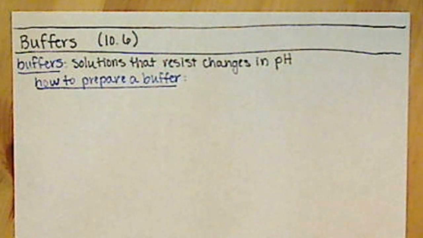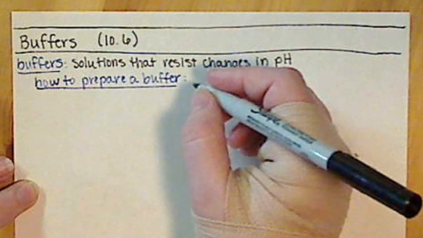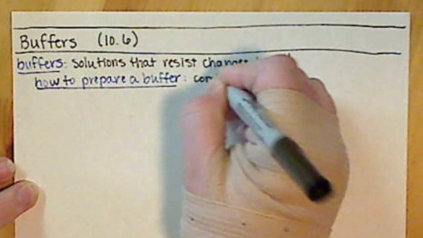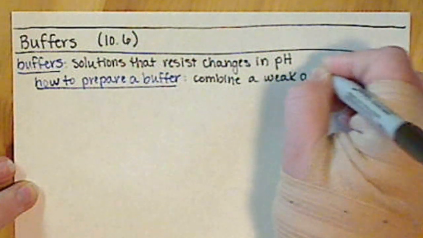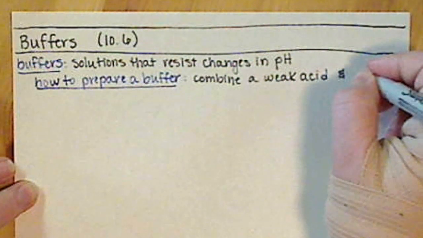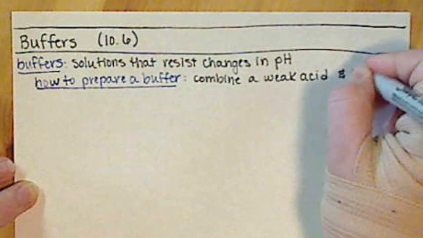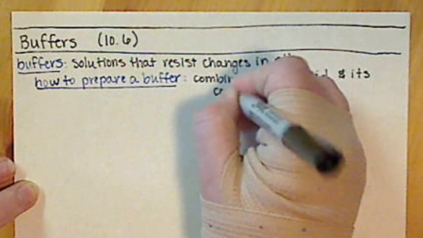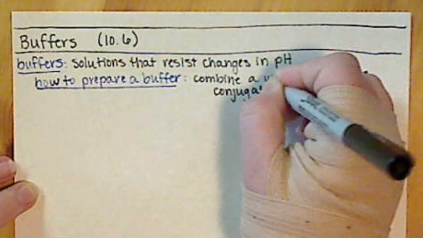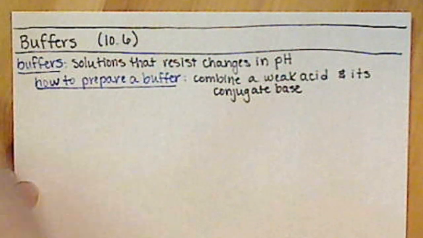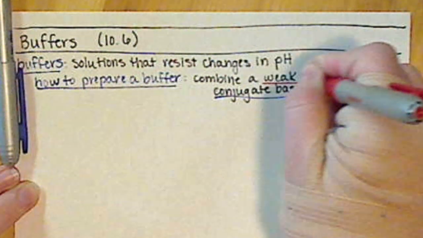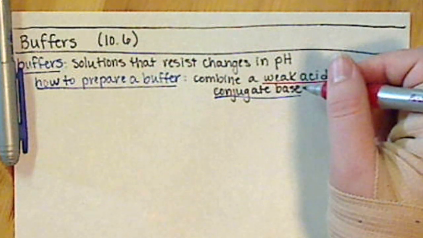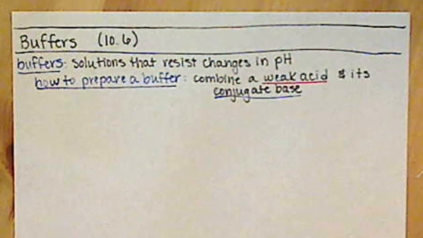We have to have a very specific set of chemicals, in that we want to combine a weak acid and its conjugate base. So we have an acid and a base being combined, but they have to be related so that a neutralization reaction doesn't occur.